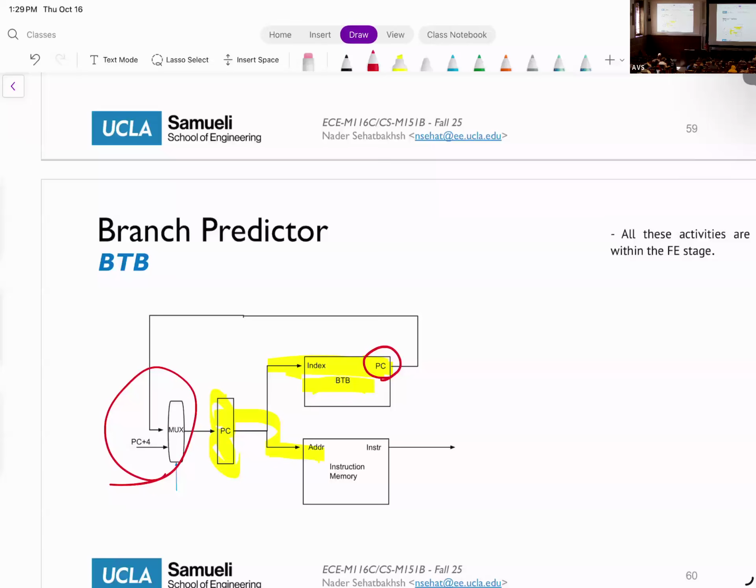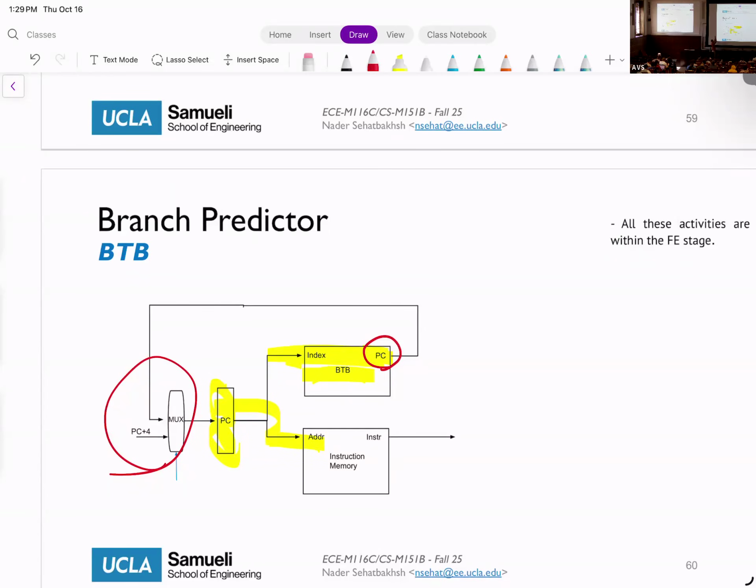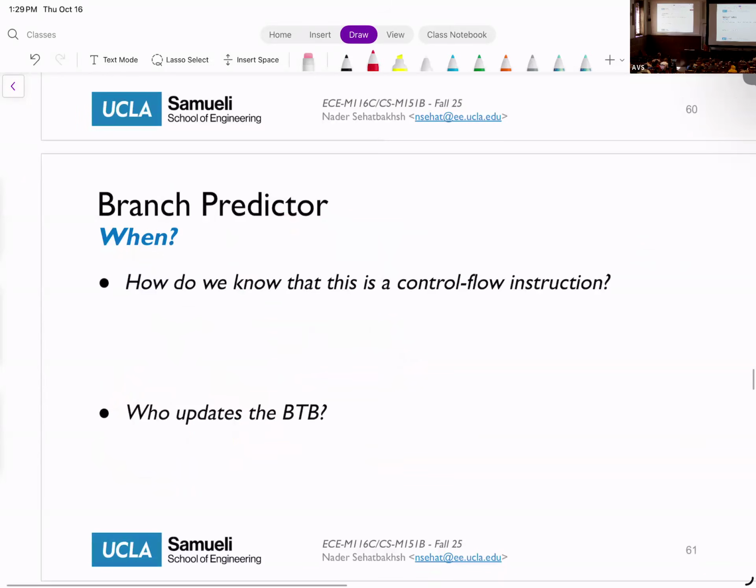What is the criteria of deciding which one? It depends on whether I had that instruction within that BTB or not, okay? And all of these things happen in the fetch state. That's the fundamental difference that we are looking at here.